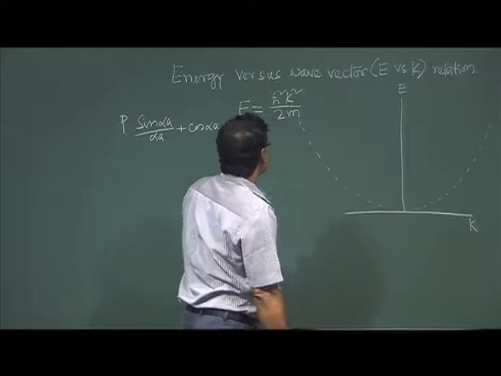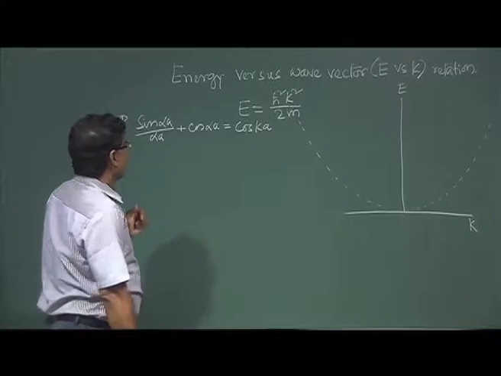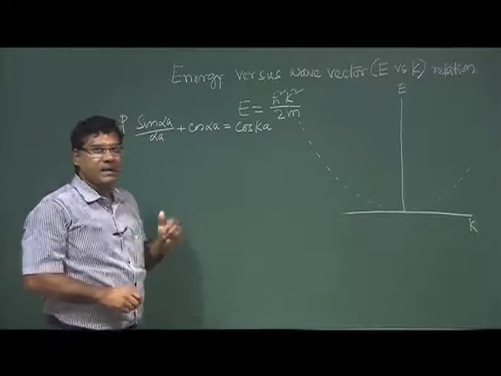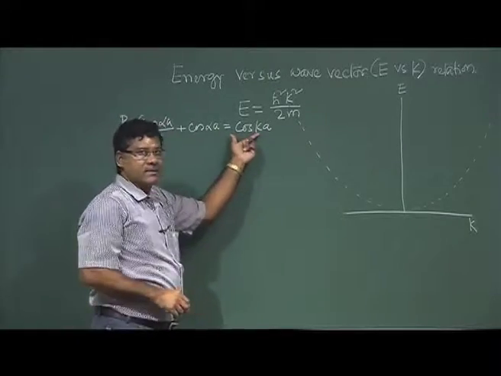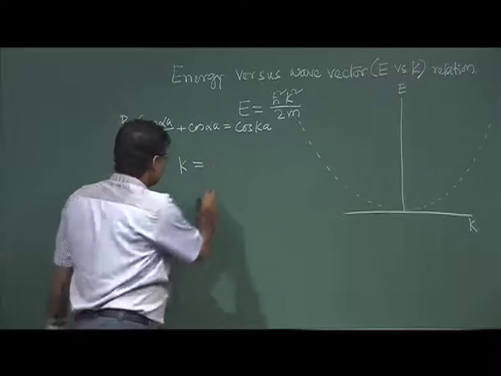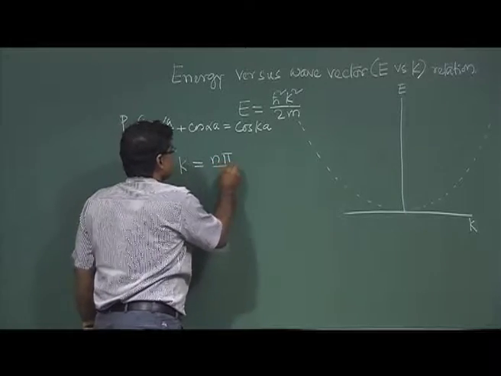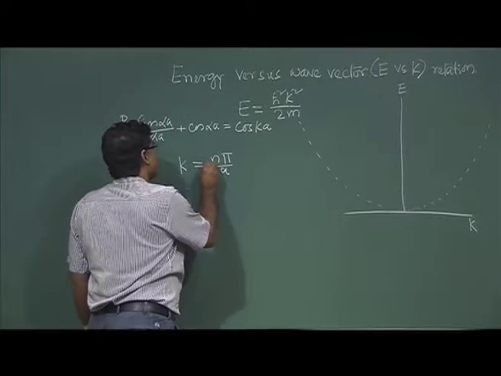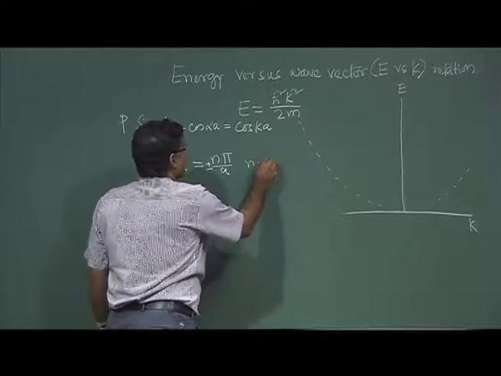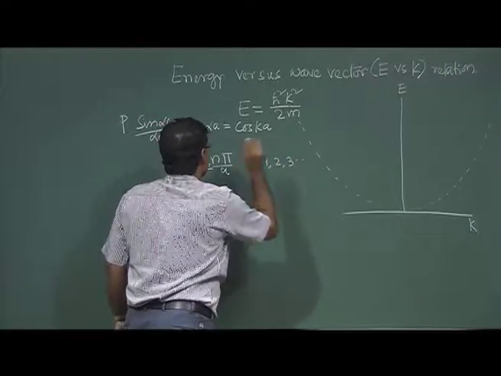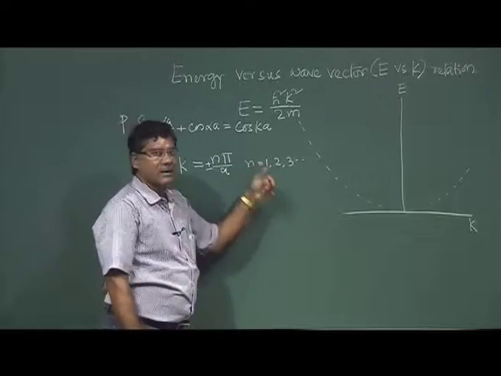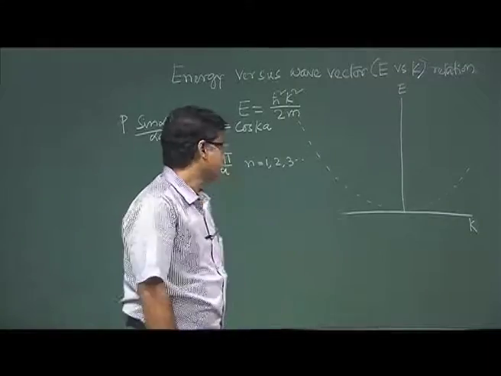Now here you can see that right hand side, its maximum value can be plus minus 1. So that means k can take value plus minus n pi by a, where n equal to plus minus 1, plus minus 2, plus minus 3, etc.